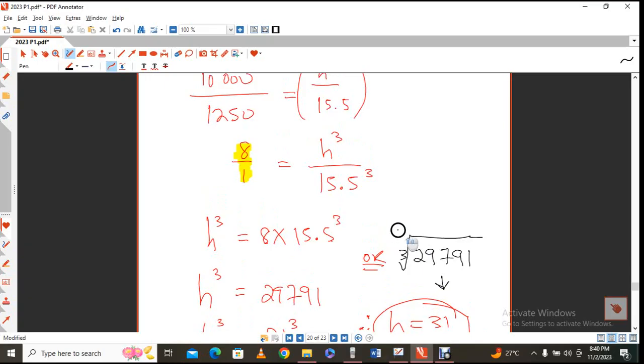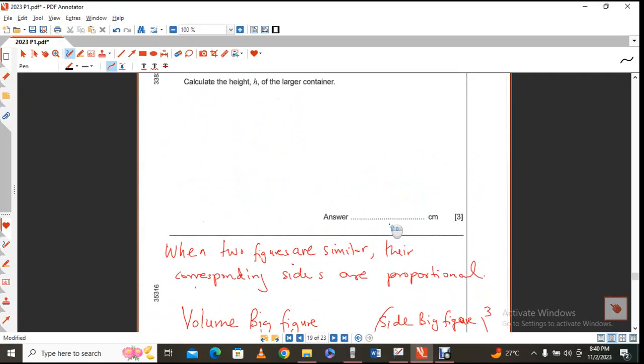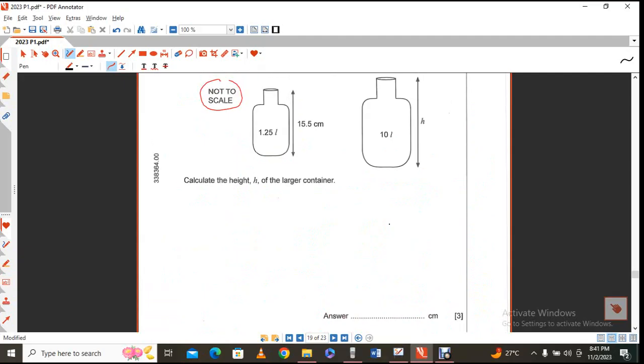However, all of this wasn't necessary. I just had to explain the concept. So what I would do is say h cubed.